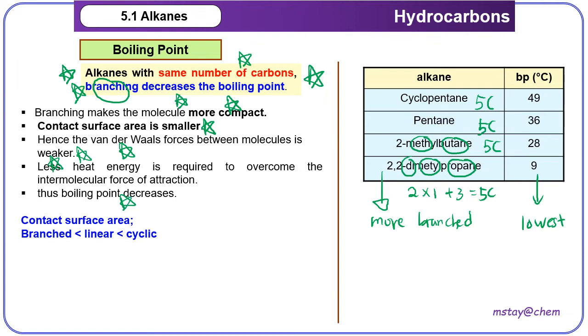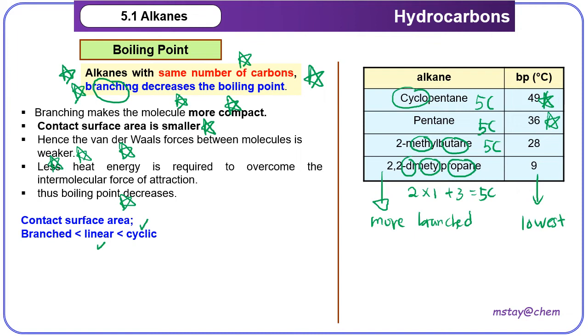So then now we look at the first one and second, cyclopentane and pentane. Basically, both of them have 5 carbon, but the difference between them is one is a cyclic compound and one is linear. So between these two, we look at the data here. 49 degrees Celsius is higher than 36 degrees Celsius.